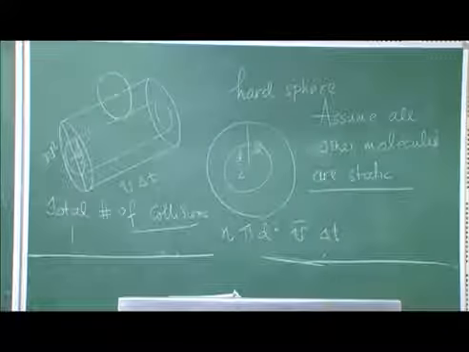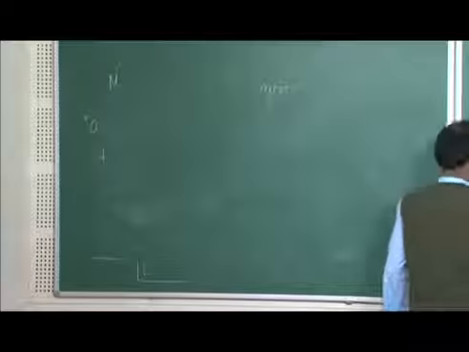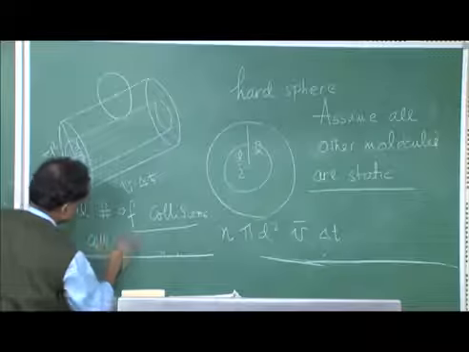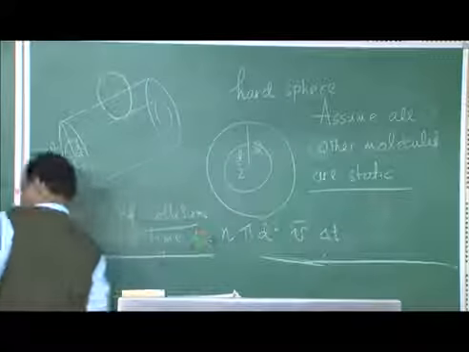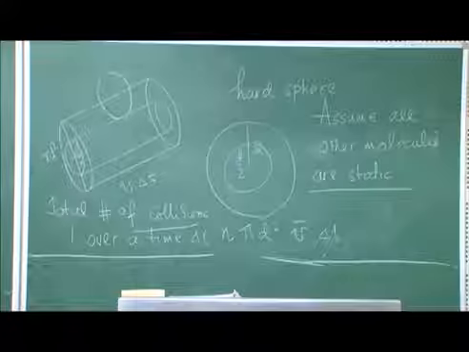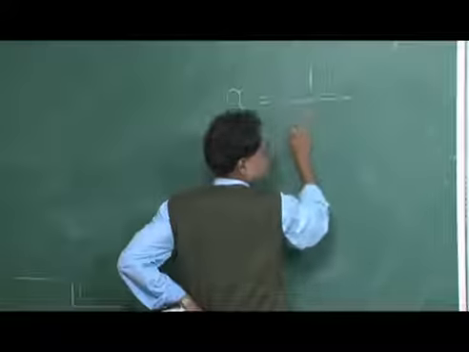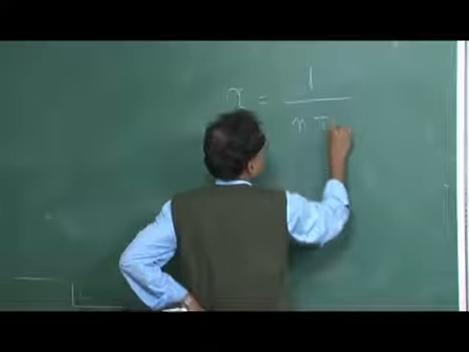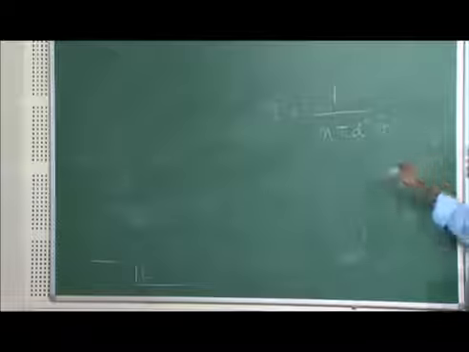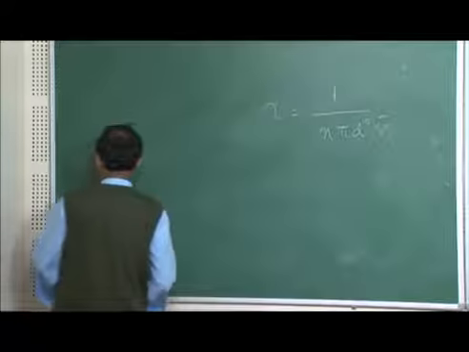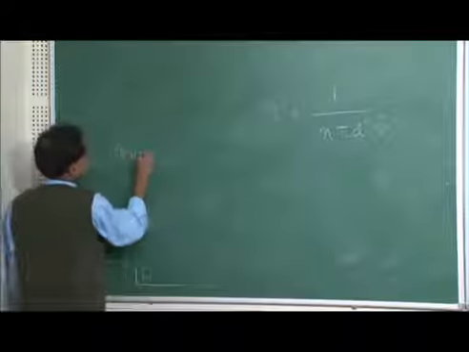So, this is the number of collisions over a time delta t, and then the time between two successive collisions is 1 over n pi d square V average. What is the average distance between two successive collisions? That I can easily calculate.